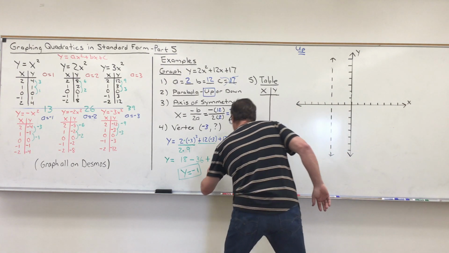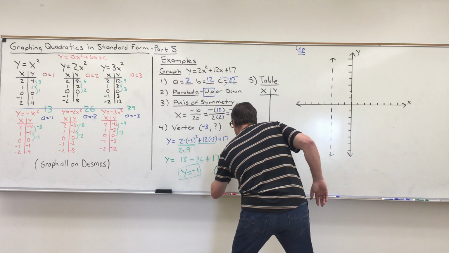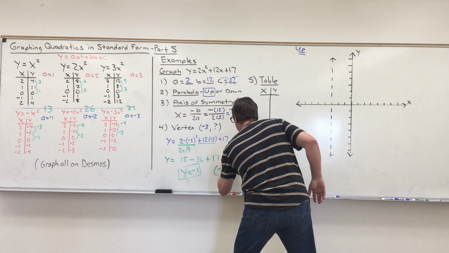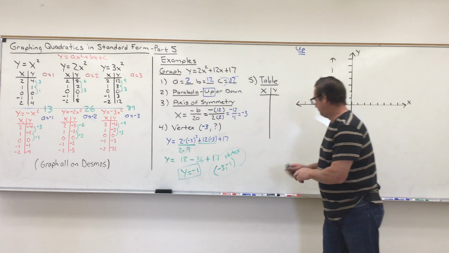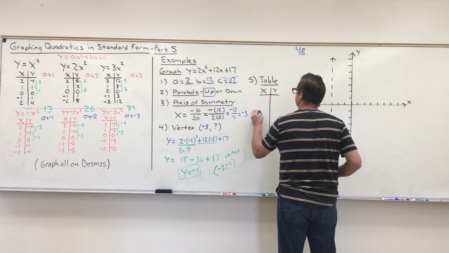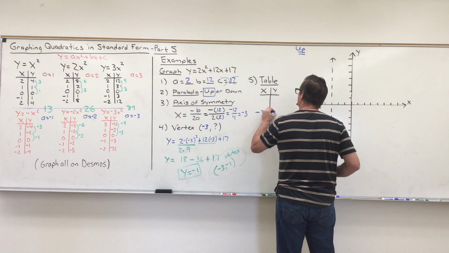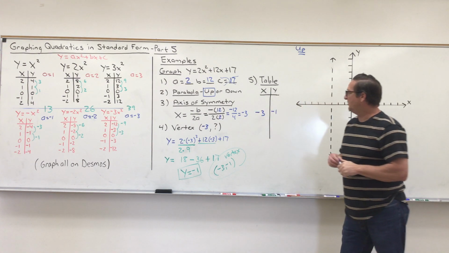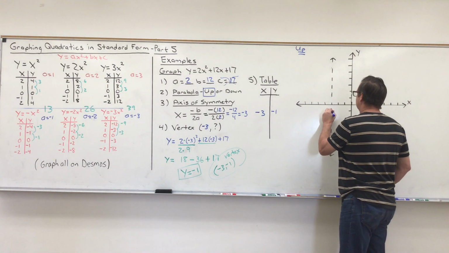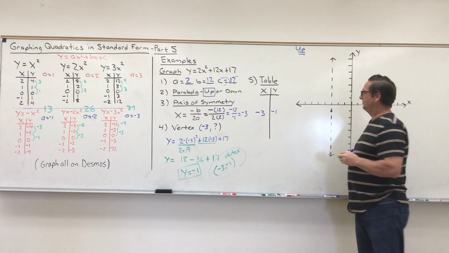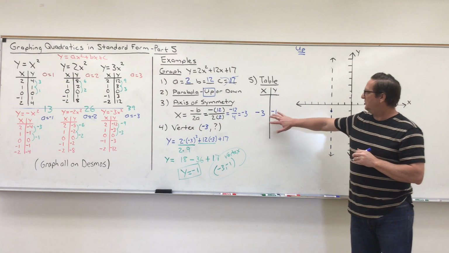My vertex is there. Negative 3, comma negative 1. And so I have my vertex.